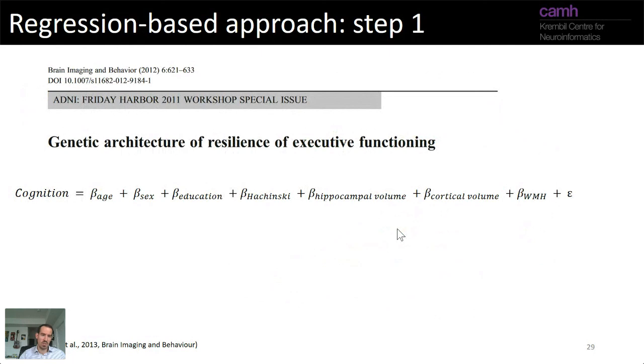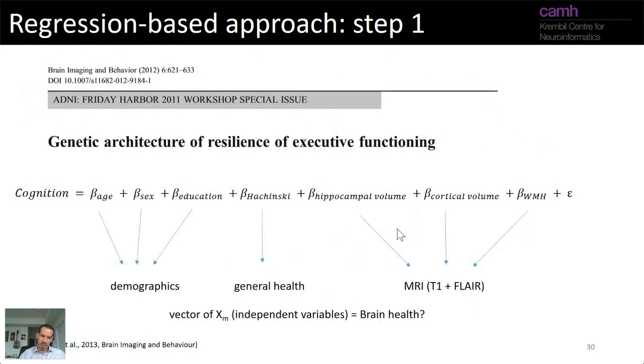So this is just individuals in late life, and they modeled cognition as a multiple regression with some demographic variables, education, age, sex, a measure of general health in the Hachinski scale, as well as some measurements coming from MRI. This includes white matter hyperintensities, which can be a measure of vascular health in the brain. It can pick up on stroke. It can pick up on fluid leakage and deteriorating membrane integrity.